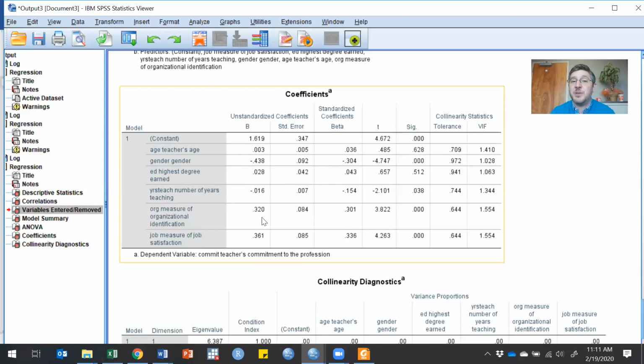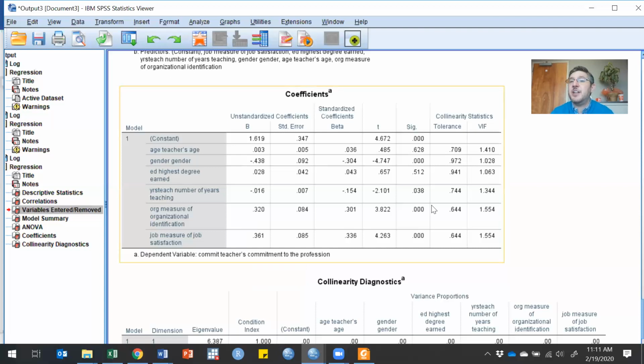And you can interpret it the same way for organizational identification and job satisfaction. Those who are more satisfied with their job, no surprise, tend to have a greater commitment to the teaching profession.